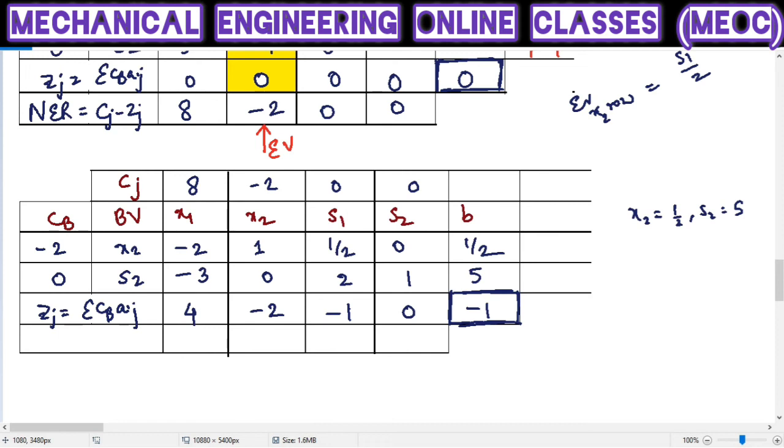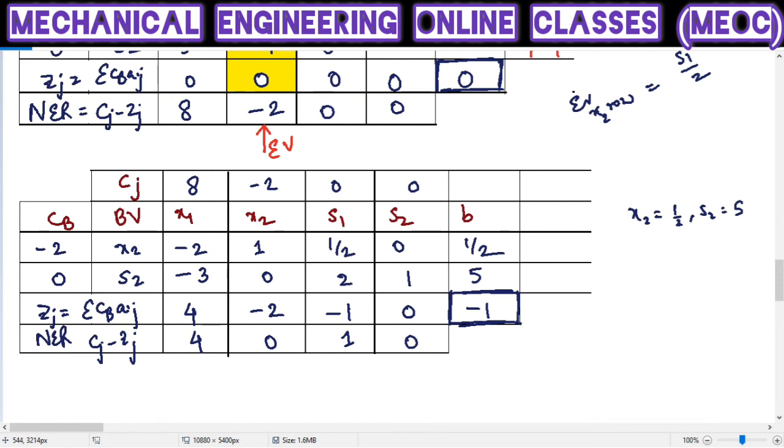Alright, now let us see if we can further improve this by finding Cj minus Zj. 8 minus 4 is 4, minus 2 plus 2 is 0, this is 1, this is 0. Now here there is a difference in max and min type of problems, just like how we have checked here.